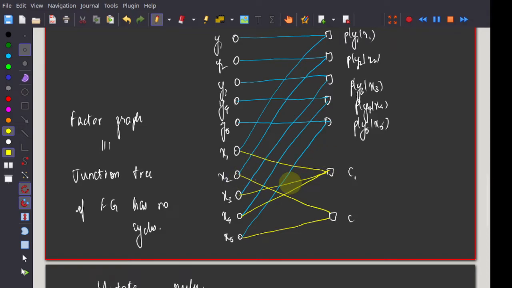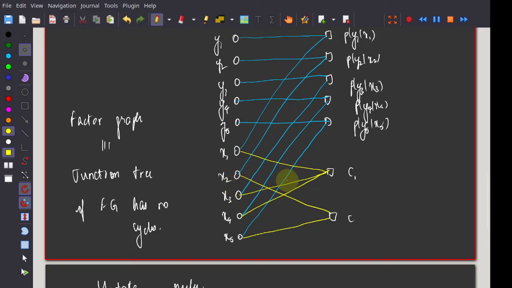I keep repeating this until the algorithm converges. If this is a junction tree, then I'll need to do only a finite number of steps, whatever that number may be. So now I'm going to propose an algorithm which works essentially similar to the GDL, right? And the schedule is always going to be the following. The messages are going to be sent from variable nodes to all check nodes, and from all check nodes to all variable nodes.